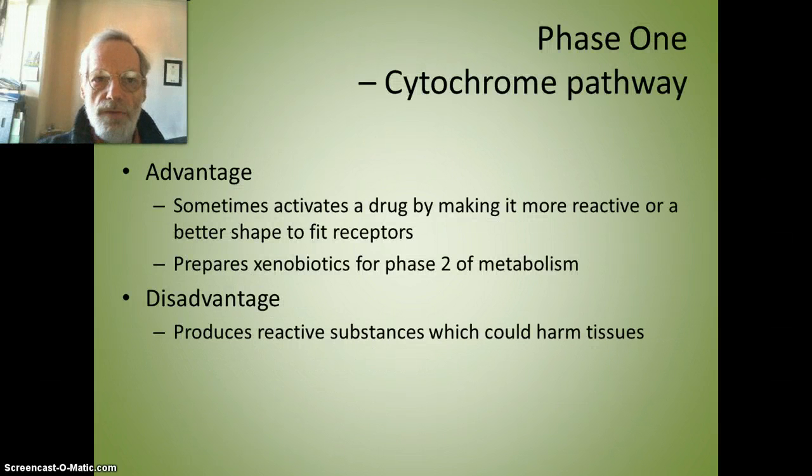One of the advantages of phase 1 xenobiotic metabolism is that it turns some drugs into their active form. A disadvantage of the phase 1 pathway is that it produces reactive substances which could harm the tissues. So it's just as well that phase 1 prepares xenobiotics for phase 2 of remedy metabolism.